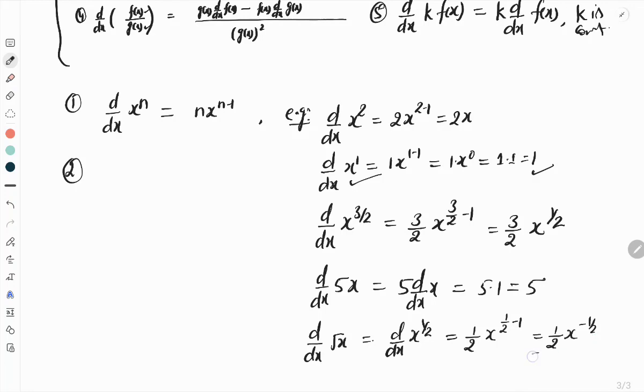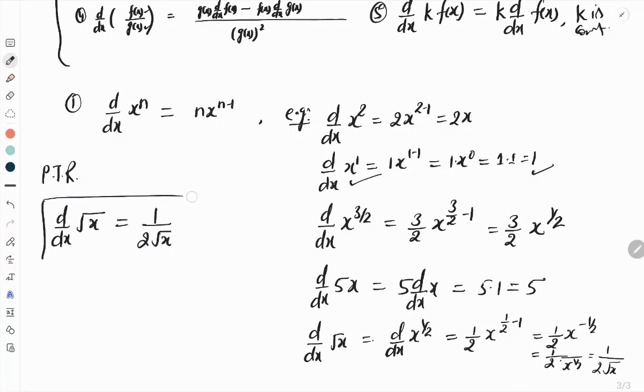I can write it in the denominator as 1 upon 2 into x power 1 by 2, it is 1 upon 2 root x, correct. So remember this first point: dy/dx of under root x is equal to 1 upon 2 root x.